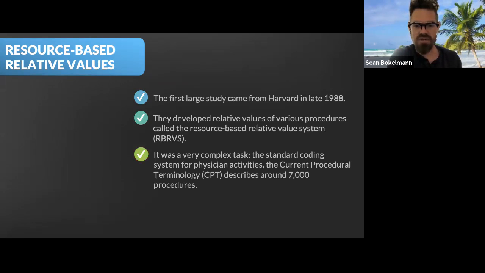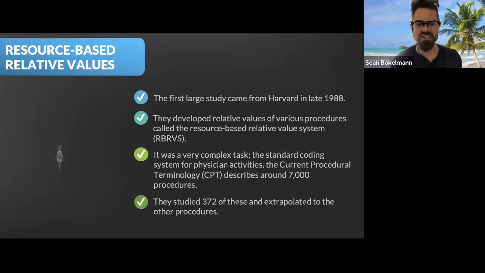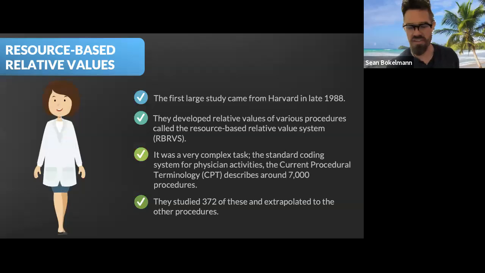What they did is they used a standard coding system that physicians still use, called the Current Procedural Terminology, or CPT for short. And it describes roughly 7,000 different procedures. Well, that's a lot of procedures to study, so they chose to study only 372 of them, and then they extrapolated the results to the other procedures.